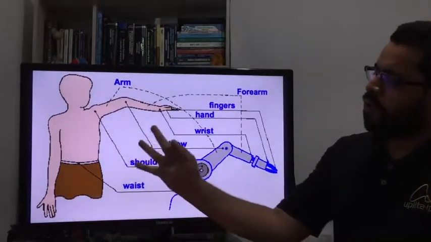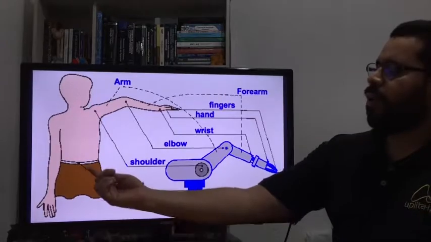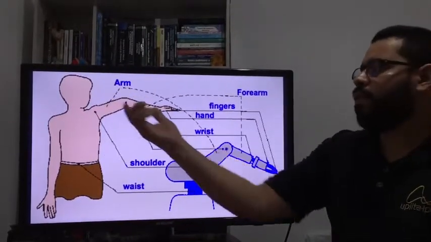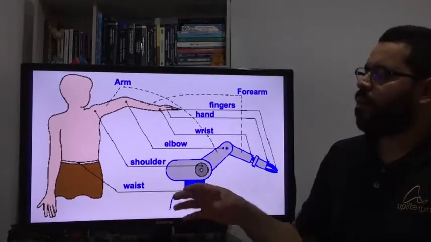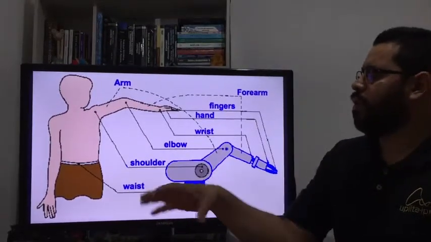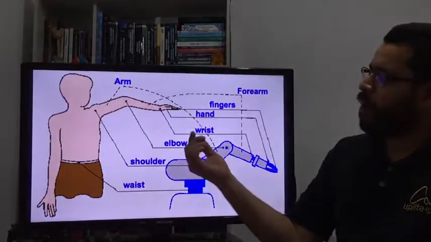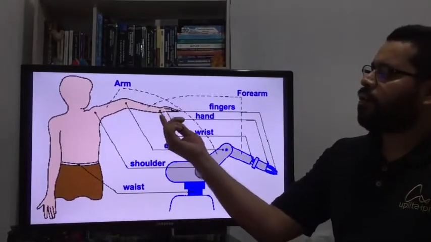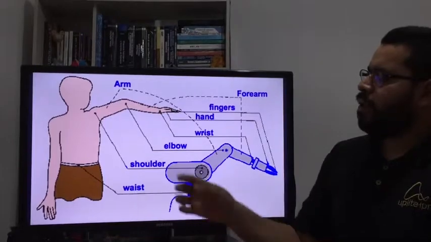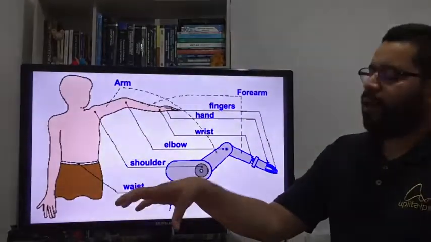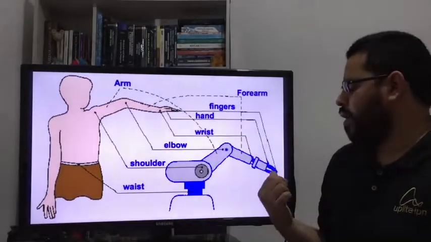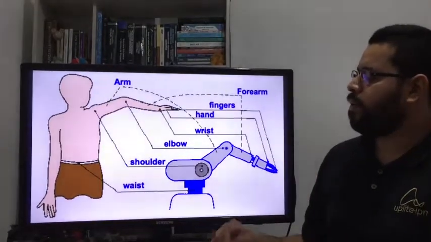The first three joints in the case of the human are the waist, the shoulder, and the elbow, called the arm, and the arm gives the position of the tool in the space. The last three joints are associated with the wrist. The wrist then provides the orientation of the tool.